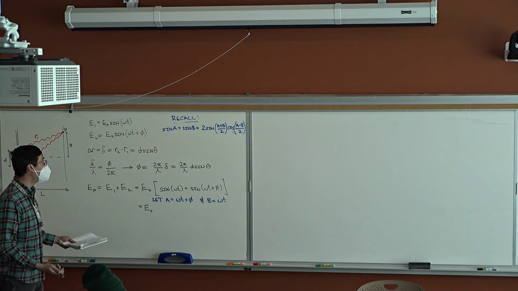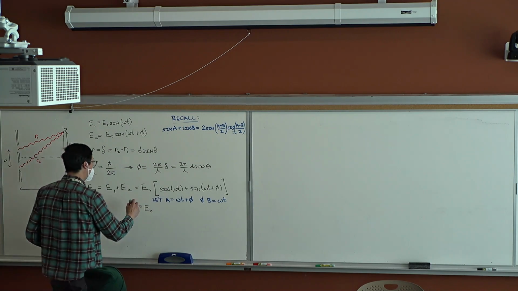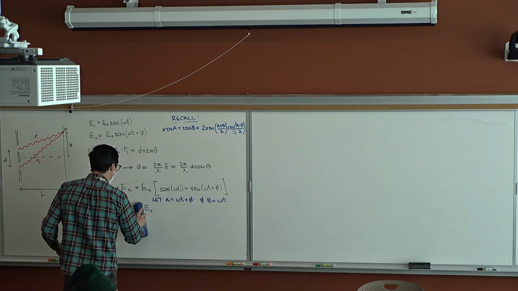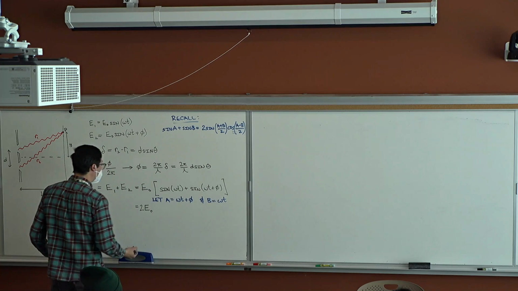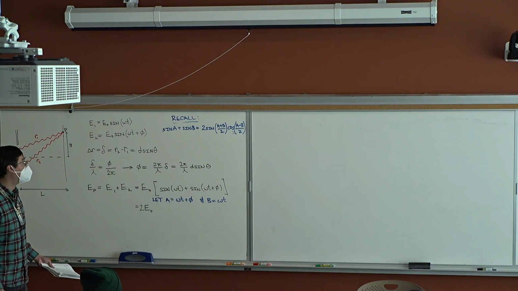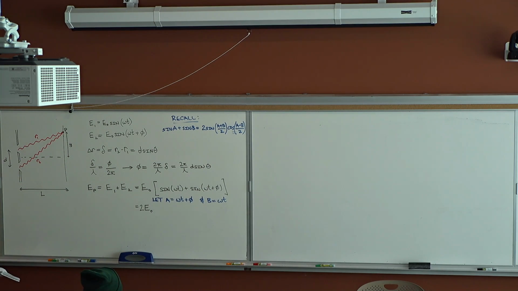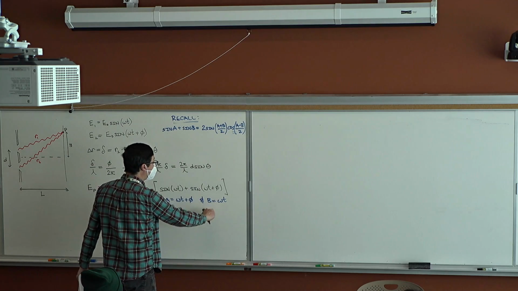So E naught, I guess I need to multiply by 2, times, well, what is A minus B?